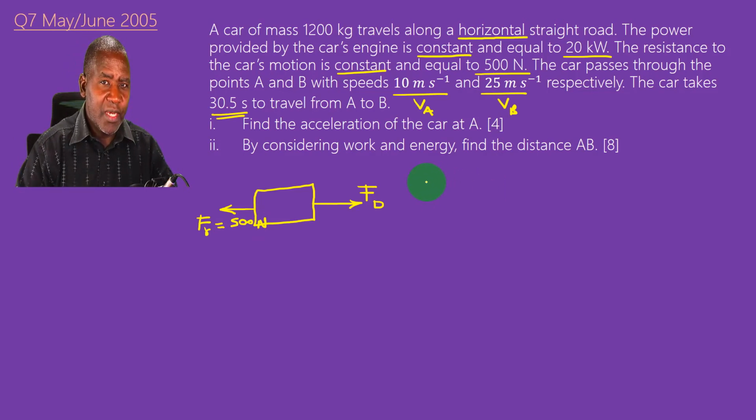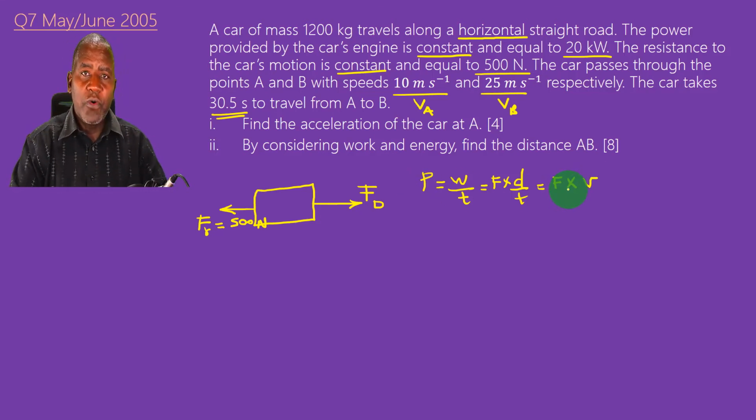Let's look at what we know. We know something about power. It's work done divided by time. Work done is equal to force times distance over time. And sometimes we use this equation here. Power is equal to force times speed. There are two situations when we use that equation.